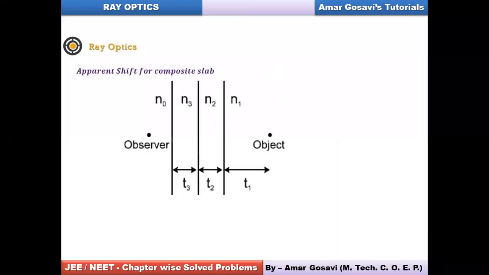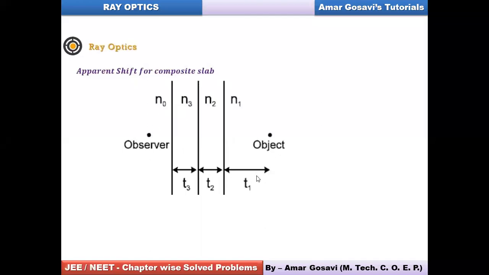It may not be every time that there would be only two mediums and a single interface. At times, there can be layers of interface. So if the observer is standing here, there can be n number of layers of the medium. Medium 1 will have refractive index n1, medium 2 will have n2, medium 3 will have n3. And n0 stands for the refractive index of the medium where the observer is present.